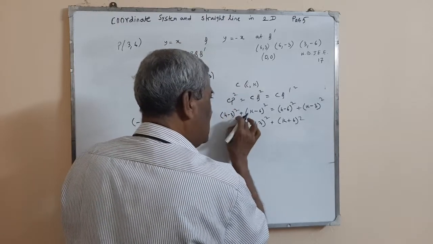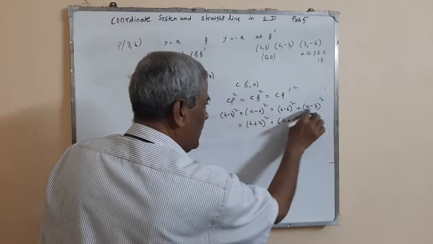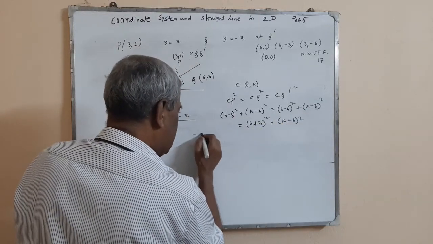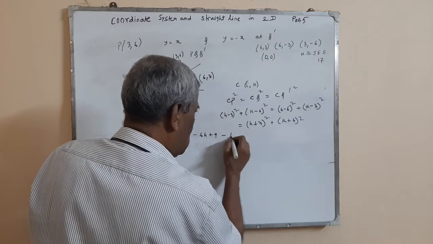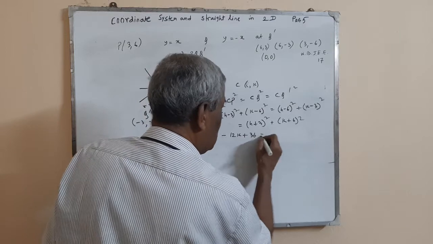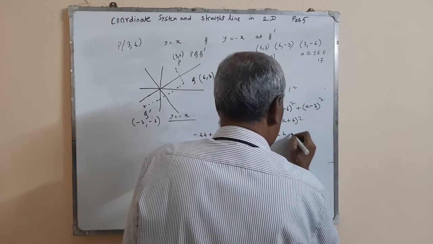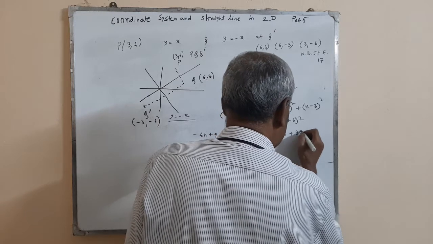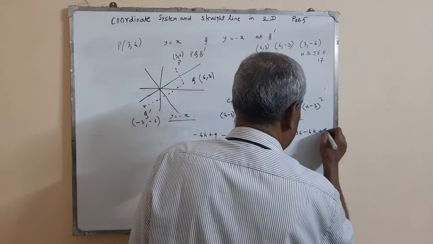Now simplifying this with that, h square will be cancelled, k square will be cancelled. So minus 6h plus 9 minus 12k plus 36 is equal to minus 12h plus 36 minus 6k plus 9.